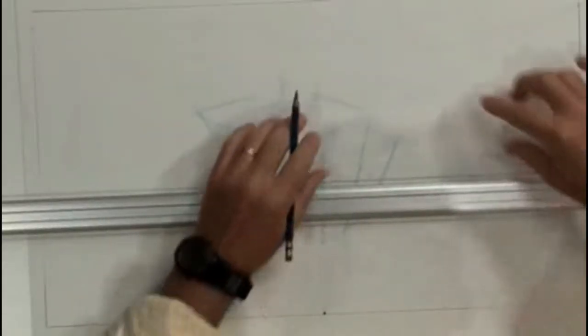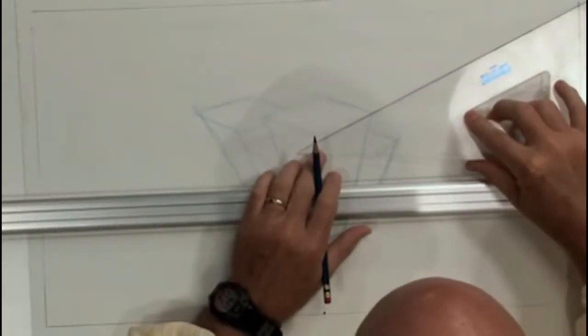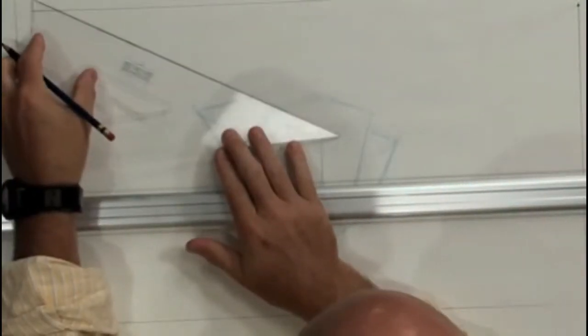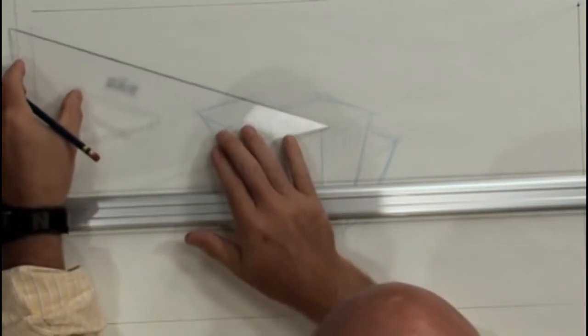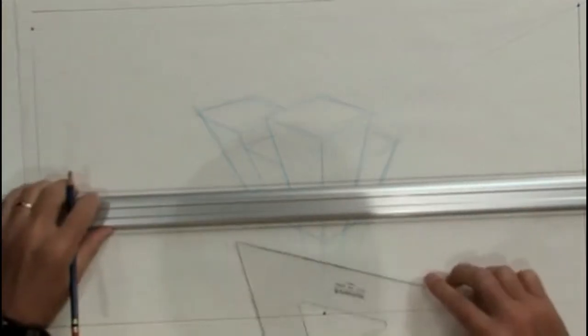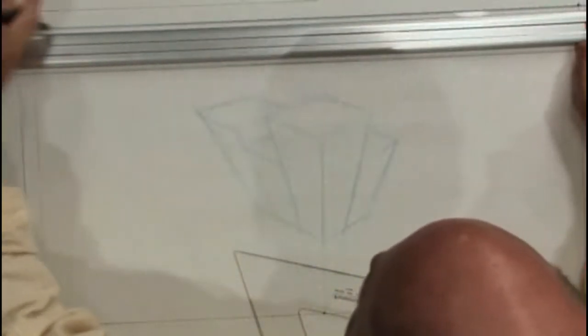As I look at the top of my buildings, I see that this vanishing point is going to be right about here on the edge of this paper. And then as I measure this one here, looks like we're going to be right around here somewhere. So let's go ahead and put in our horizon line. There's our horizon line.